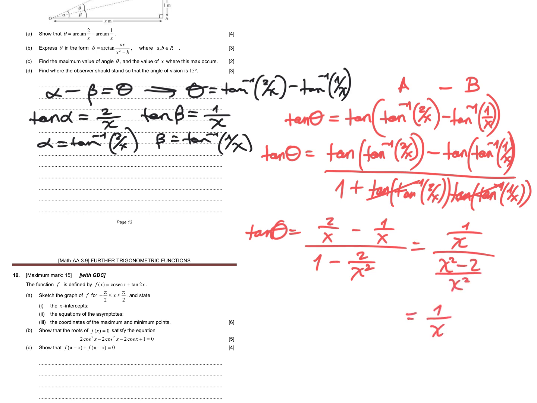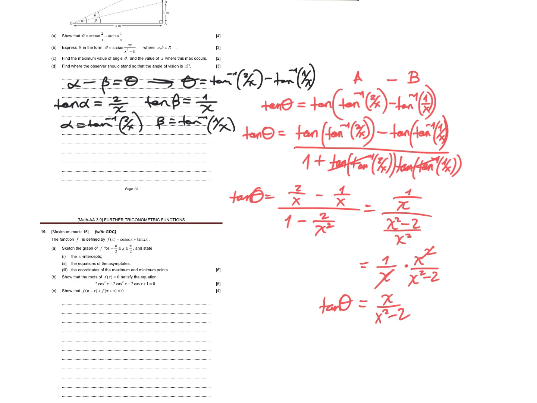So that's 1 over x times x squared over x squared minus 2. So that will cancel. That's what tangent theta is. So then we've got that theta is arctan of x over x squared minus 2.